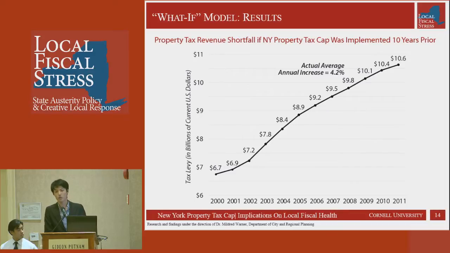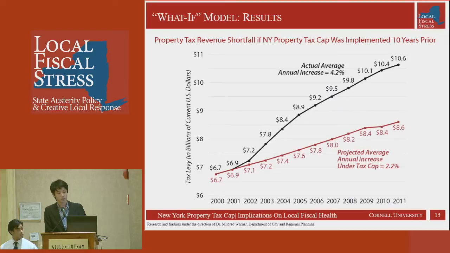Our model results can be interpreted through the comparison between the observed property tax levy and the projected tax levy. In this chart, the black line represents the observed tax levy, with an average annual levy increase rate of 4.2%. And the red line represents our model results, the projected tax levy, with an average annual increase rate of 2.2% under the tax cap.